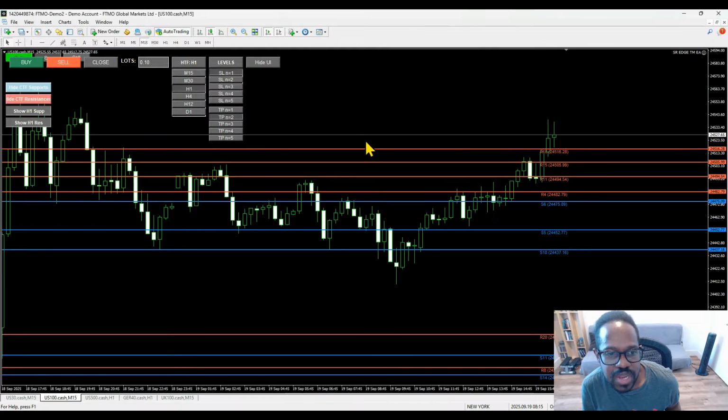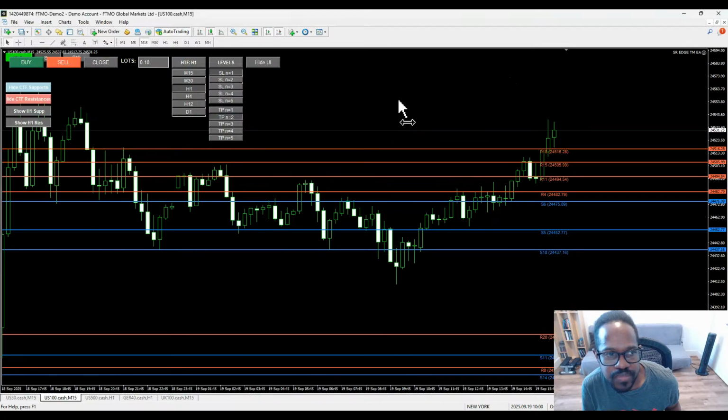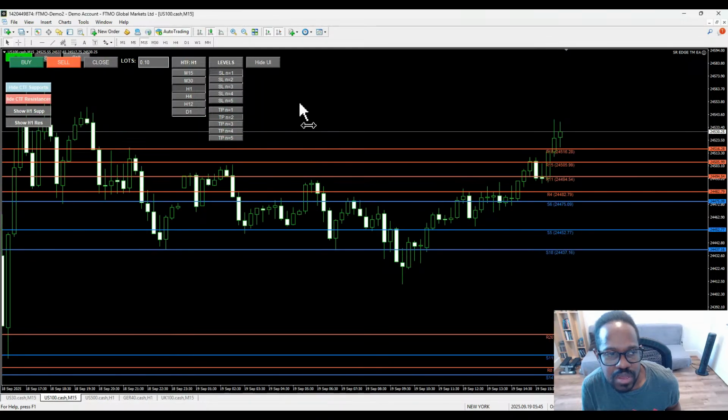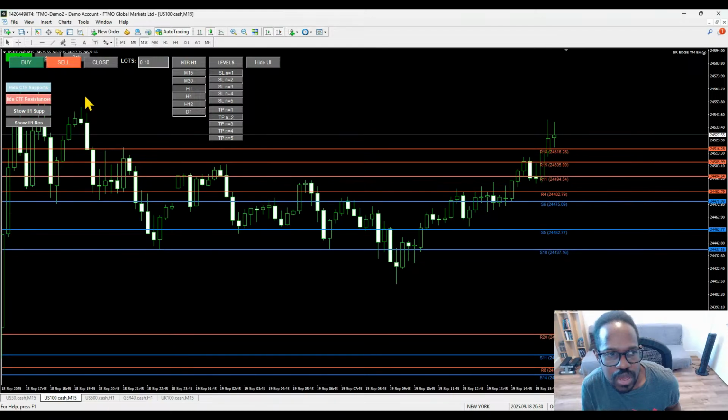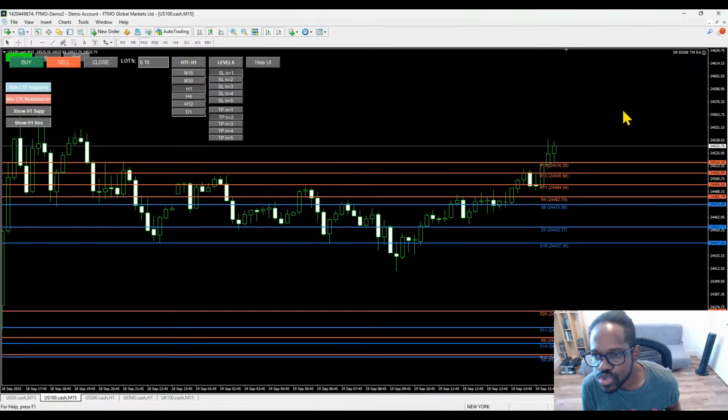Let's say you're entering a trade that doesn't have any TP zones at the top. Make sure to look at previous swing highs and swing lows, and you could put it manually here. You just have to drag it as usual on your MT4 or MT5, and you set up your stop loss and take profit that way.